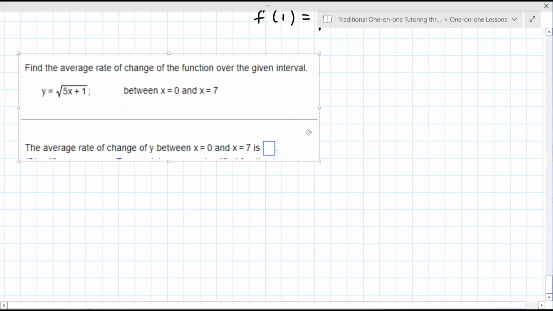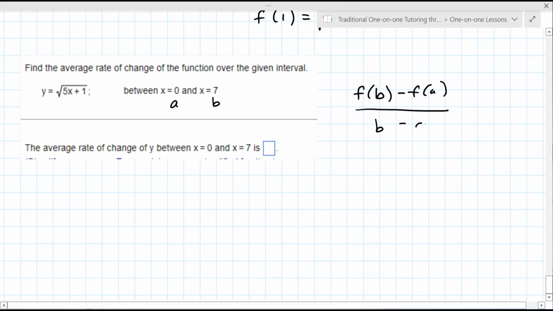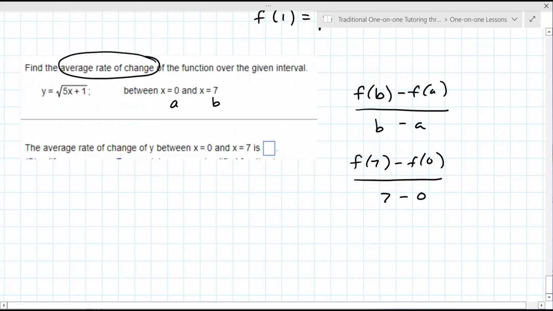So average rate of change: 0 is your A, 7 is your B, so it's f of B minus f of A over B minus A. Your B is 7, so f of 7 minus f of 0 over 7 minus 0. And that's again because it's average rate of change. So we go find f of 7: square root of 5 times 7 plus 1, which is the square root of 36, which is 6.